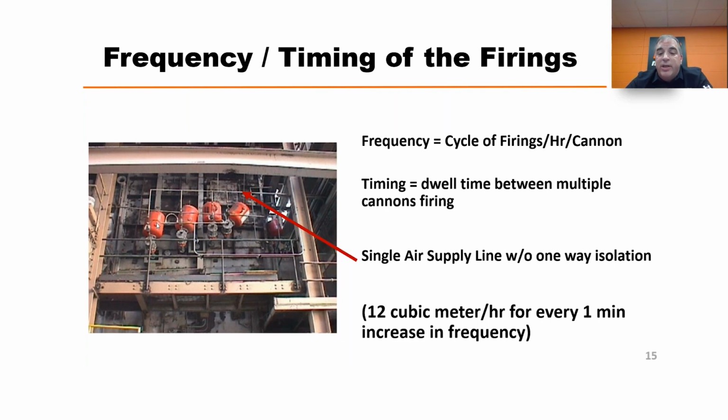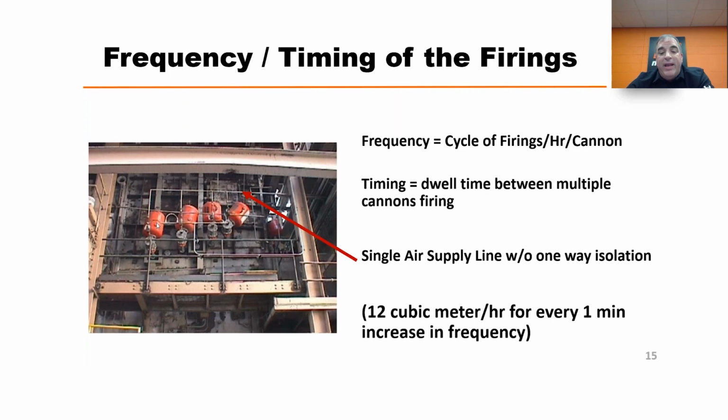So just increasing the dwell time in between will help with those situations. A lot of times guys will fire way too quickly. It really depends on the application or the situation how fast you would want to fire these cannons.